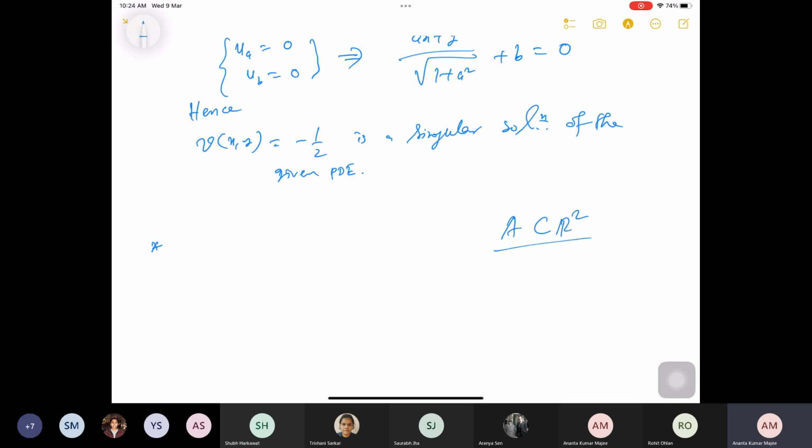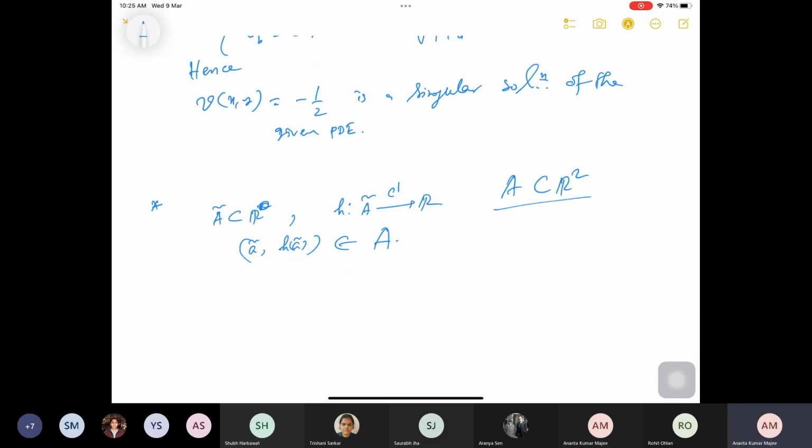Suppose I have a C¹ function h from Ã, an open subset of R, to R, such that the graph, Ã and h of Ã, lies in my set A. So the graph lies in my parameter set A. Now I try to find the functions with respect to my Ã.